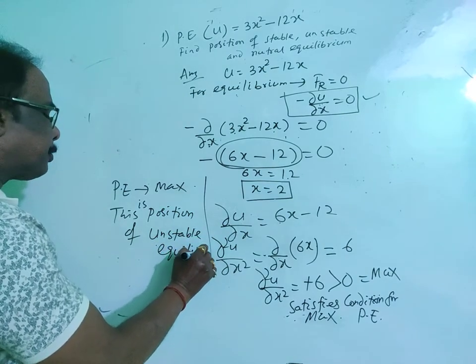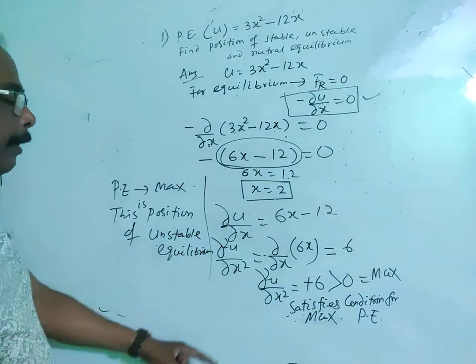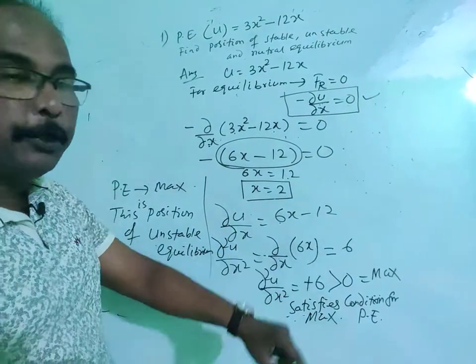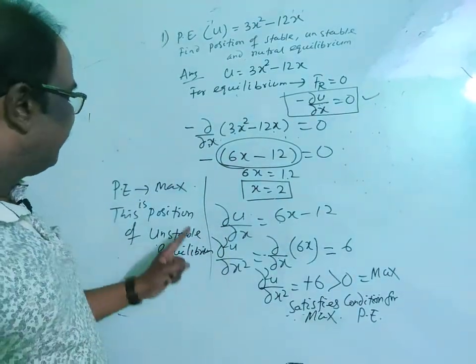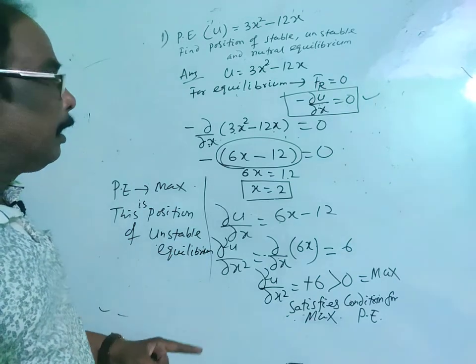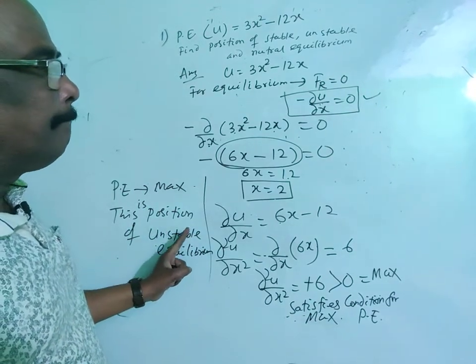As we have discussed, if d square u by dx square is greater than 0, then this satisfies the condition for unstable equilibrium.